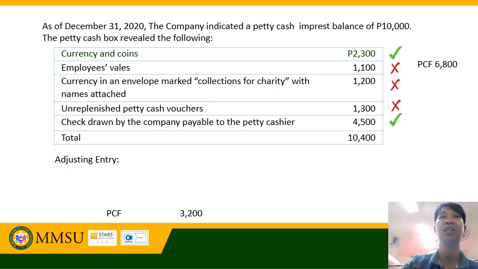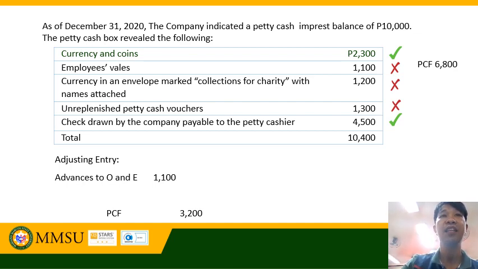Okay, so credit petty cash fund, 3,200. And then you have to adjust those items for which the petty cash fund was used. So the petty cash fund used for employee vales, the account title here is advances to officers and employees. So debit advances to officers and employees 1,100.